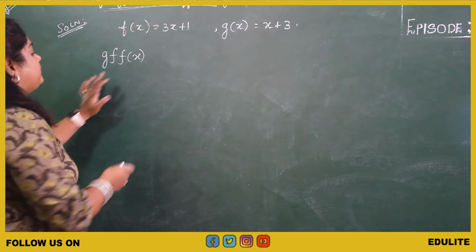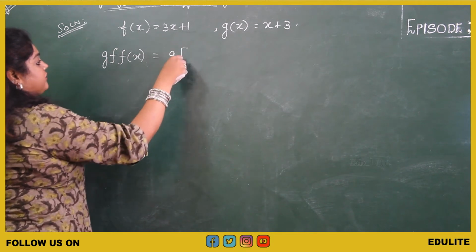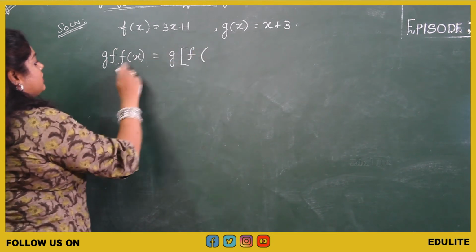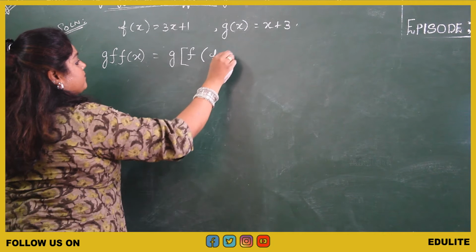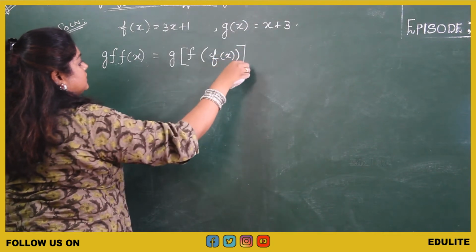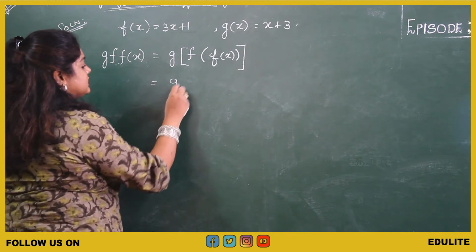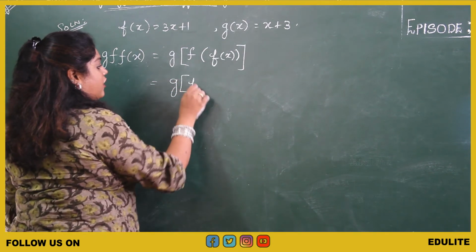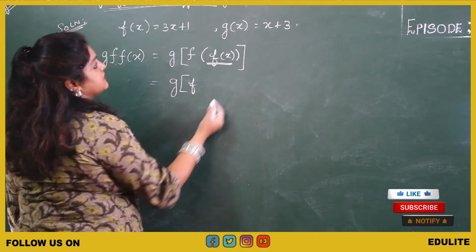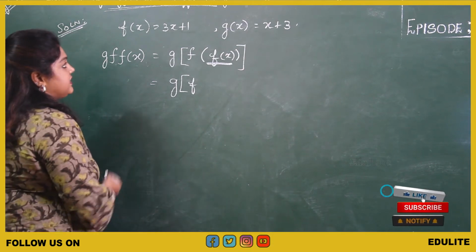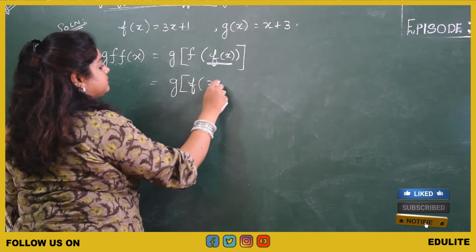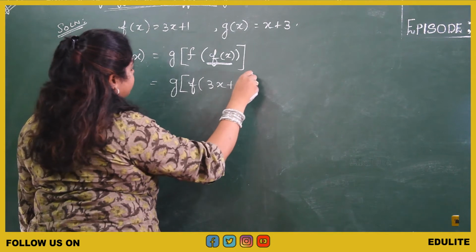G f of x means g of f of x. So this is very simple. First we have to complete this bracket first. What is the value of f of x given? 3x plus 1. We have substituted the value of f of x.